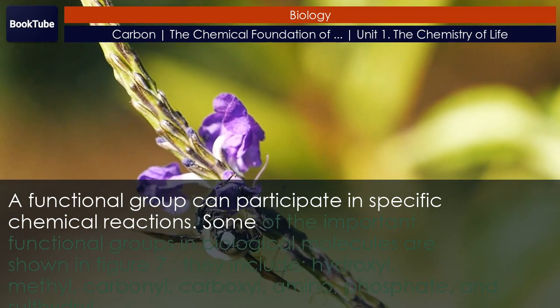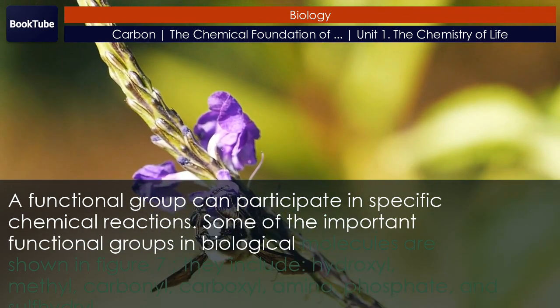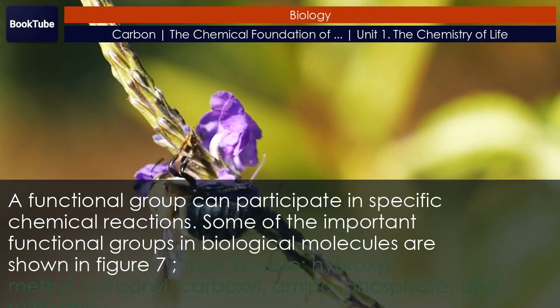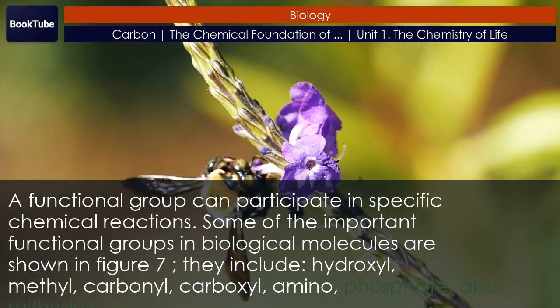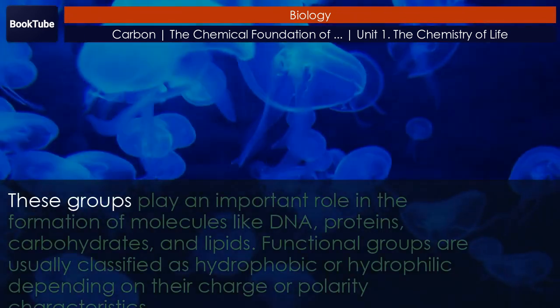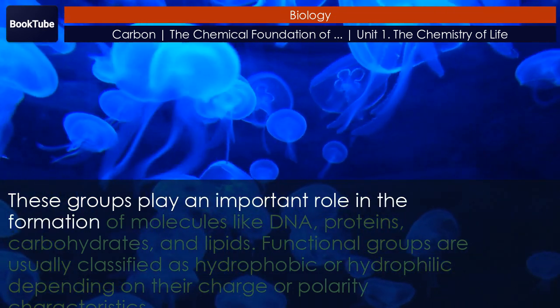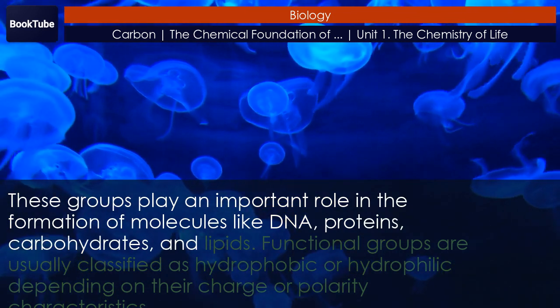Some of the important functional groups in biological molecules are shown in Figure 7. They include hydroxyl, methyl, carbonyl, carboxyl, amino, phosphate, and sulfhydryl. These groups play an important role in the formation of molecules like DNA, proteins, carbohydrates, and lipids.